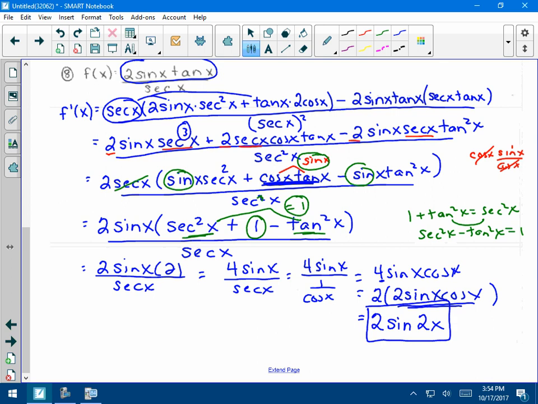Super awful. So pretty tricky, a lot going on there. And I'm not necessarily saying if this was a short answer, you'd have to know to get to that point. But if this was a multiple choice, like on your take-home test, maybe it'd be hard to recognize that the answer that you got way back here is really just the same as 2 sine of 2x. But that's the process I would go through.